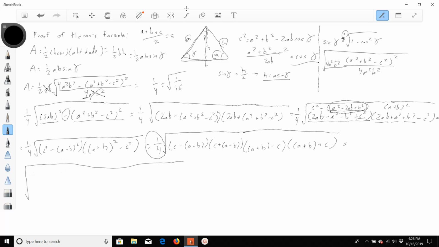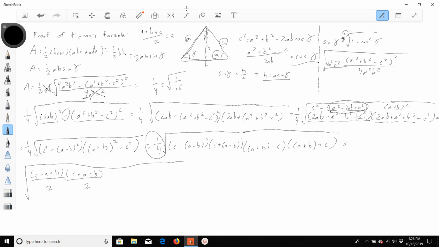So I'm going to get c minus a plus b. I'm just simplifying the factors for now. c minus a plus b times c plus a minus b. And I'm going to make this over 2. I'm going to make this over 2.